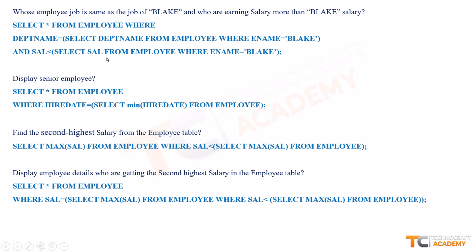And the next one is salary greater than the salary of Blake, whose salary is more than Blake. Okay, so it is a combination of the first and second queries, if you observe. Whatever two examples we just checked, it is a combination of both. We are providing two conditions here. So I'm going to run this query in our Oracle Apex.